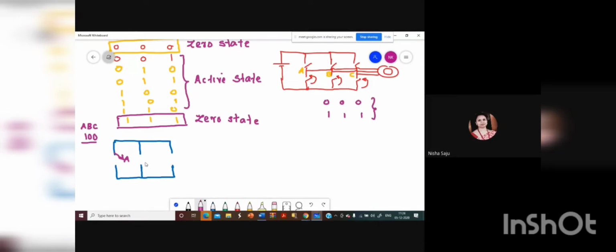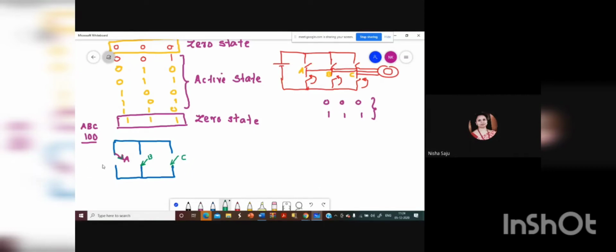So 0 means the B pole will be connected to the second leg, in the bottom. Bottom switch on indicates 0, and top switch on indicates 1. So only A is connected through the top switch in the first leg. And what about C? C also uses the bottom switch, because bottom switch on is indicated by 0. So pole C will be connected to the bottom switch. This is the combination corresponding to 100.